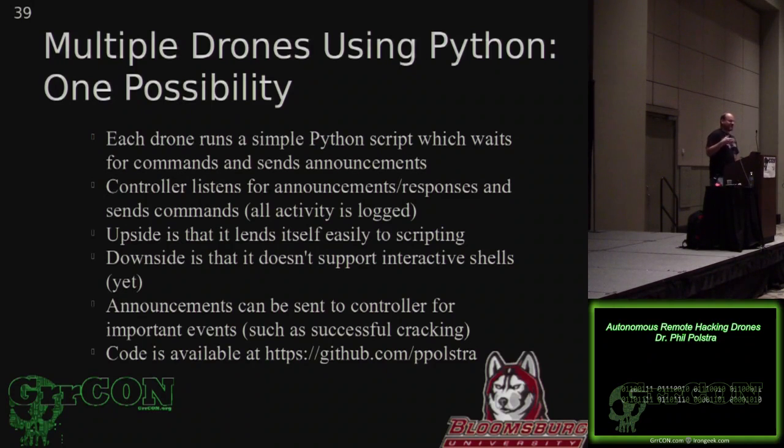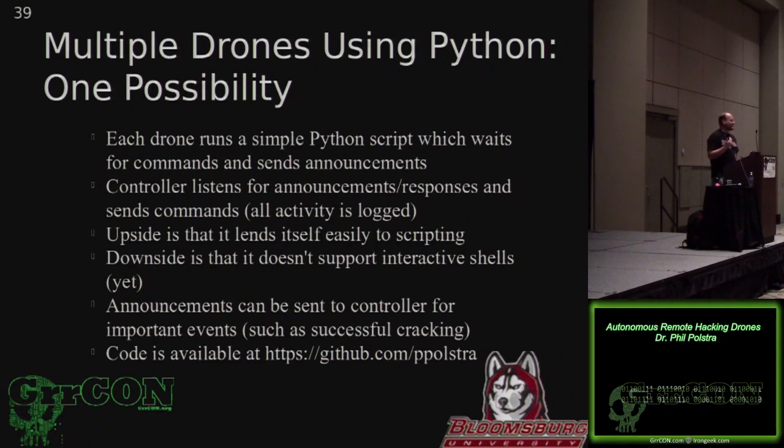And when it gets a command sent, it sends back the output. Also, the drones are capable of sending files and sending announcements. So let's say I task a drone with, hey, go crack the wireless, or go crack this router password. It can send an announcement back saying, hey, I did it. Dad, I did it. Dad, right? So all of that's in the mesh deck.